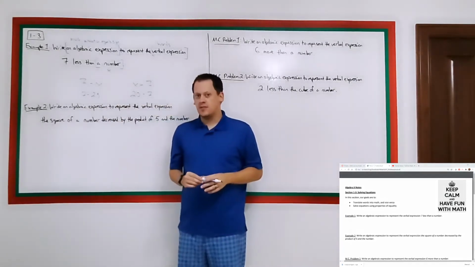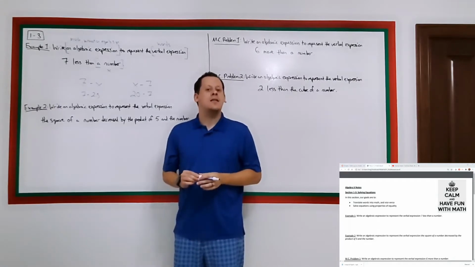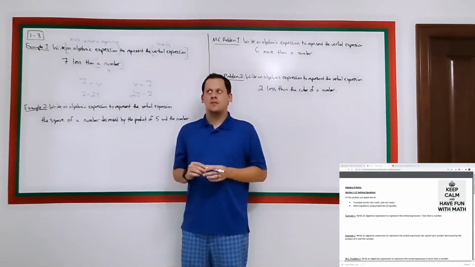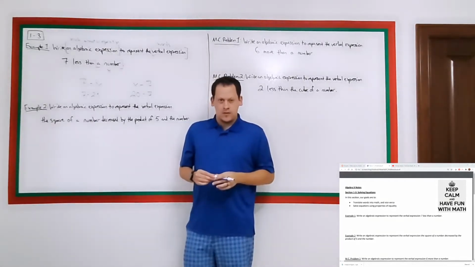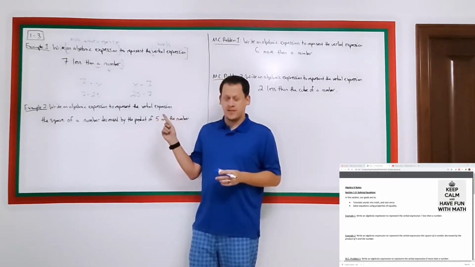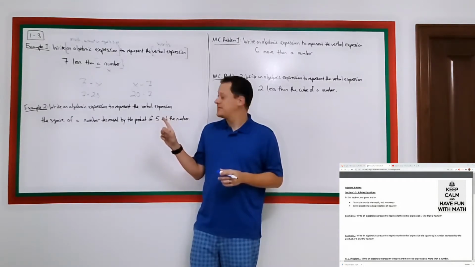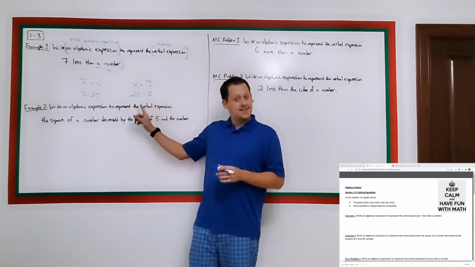What is 7 less than 20? What number is that? Well, 7 less than 20 is 13, right? So the right way to write this, if you do it, you should get 13. So which way is right? I'm kind of pointing to it right now. It's this one.